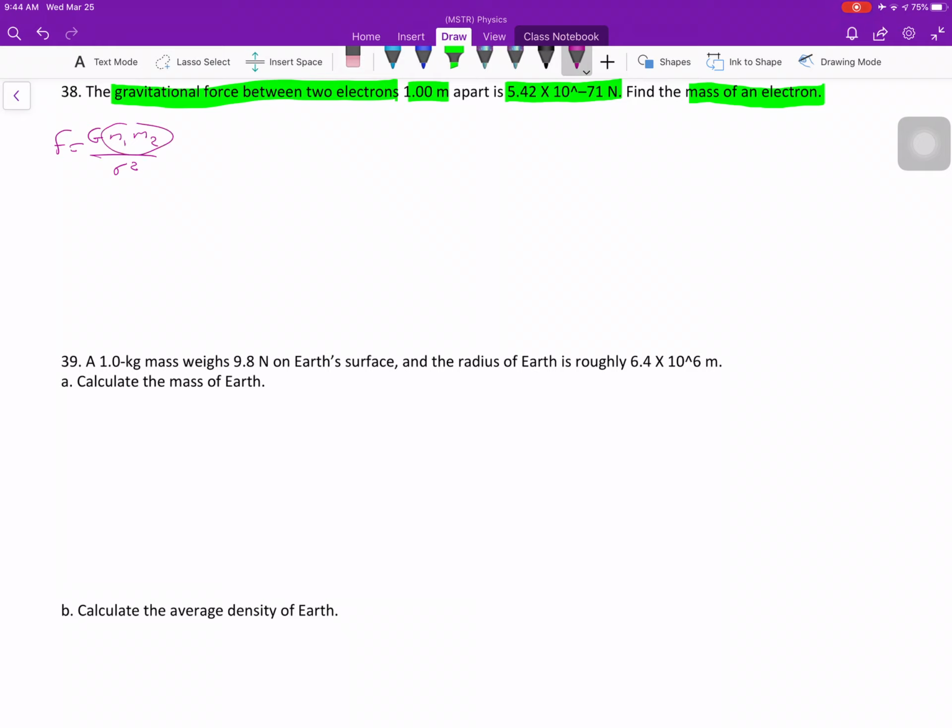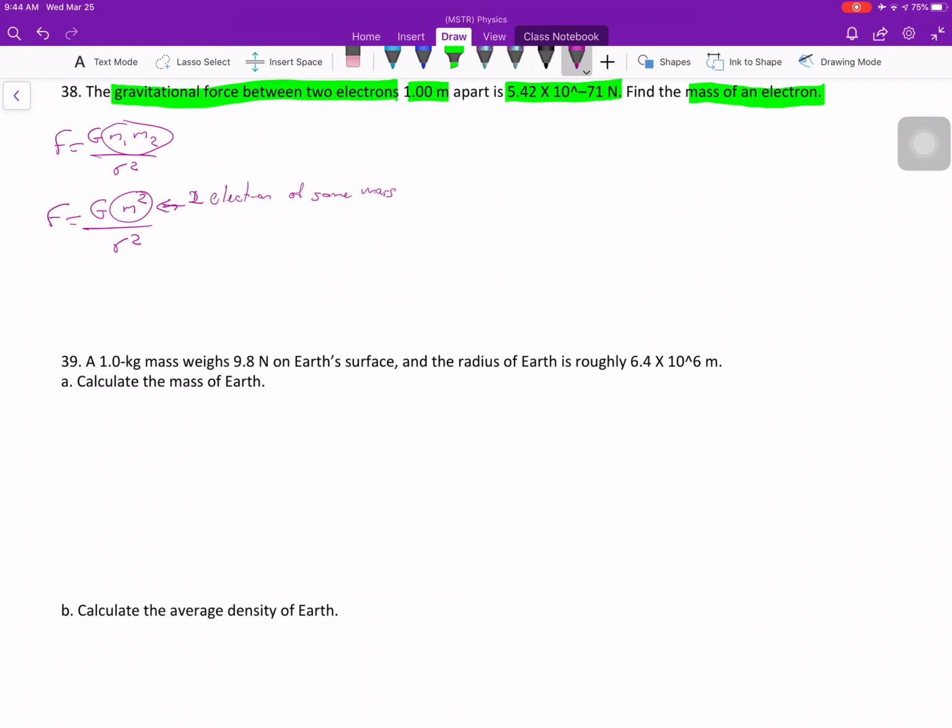So when we look at mass 1 and mass 2, what we're really looking at is this formula, gravitational constant times mass squared divided by r squared. And this mass squared right here is because two electrons have the same mass.